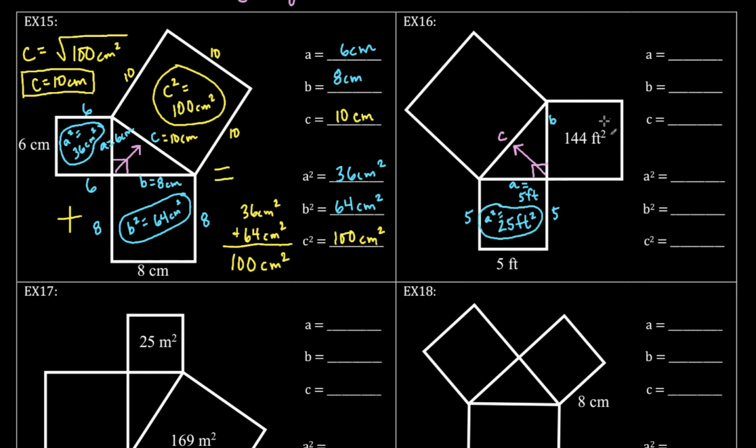Okay, and if this is B, well, I need to find out what, oh, this isn't B. This side length is B. This is B squared. So I need to take the square root of 144 feet squared. If I take the square root of that, it will give me B. And so B is 12 feet.